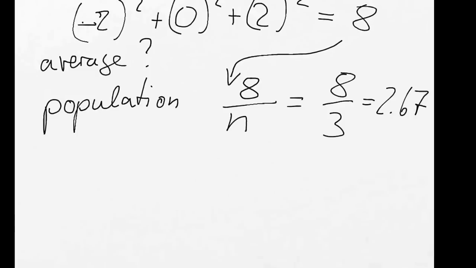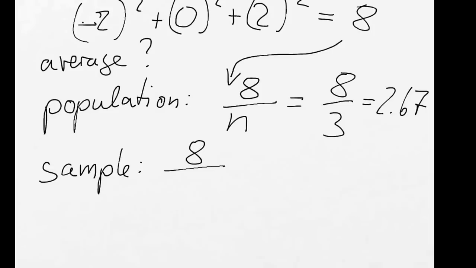If we just have a sample, and we have an uncertainty in it. And it turned out that we can acknowledge this uncertainty by saying we have 8 divided by, and here it comes, n minus 1.